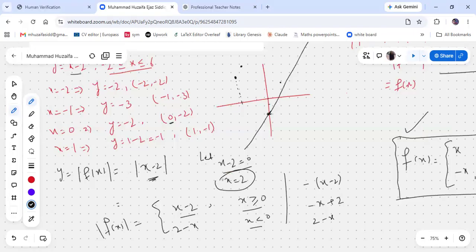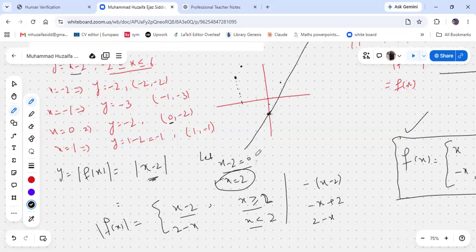Our function is shifted by 2 units, so here I'm removing the 0 and writing 2, and here also 2. Our critical point, or starting point, is 2.